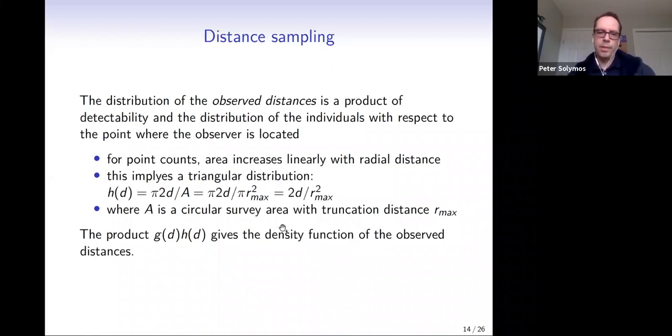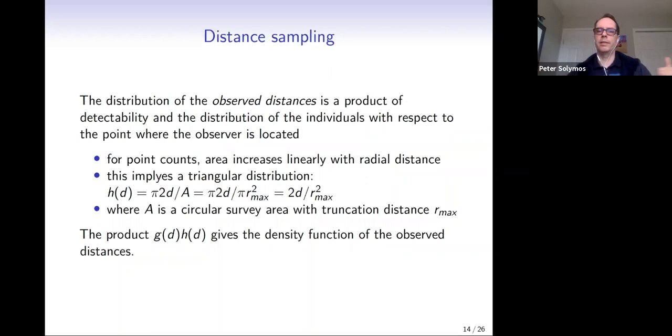So in distance sampling, we are looking at the product of the distance function, g of d, times h of d, which is how common those distances are. If you think of it, with perfect detection, independent of distance, every point is equally likely to be detected.